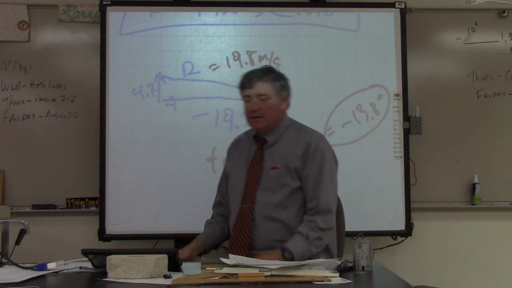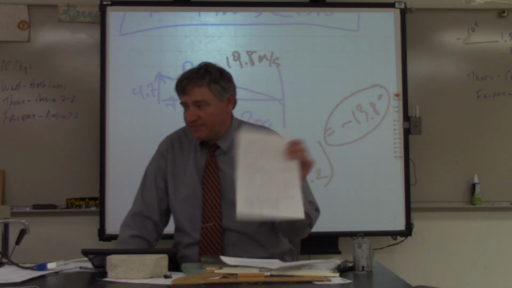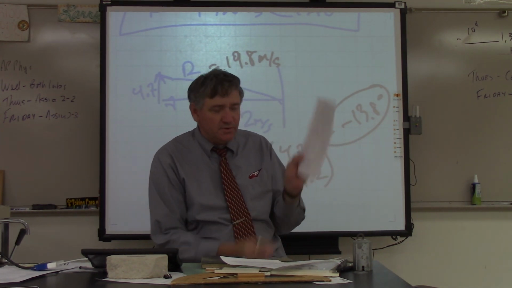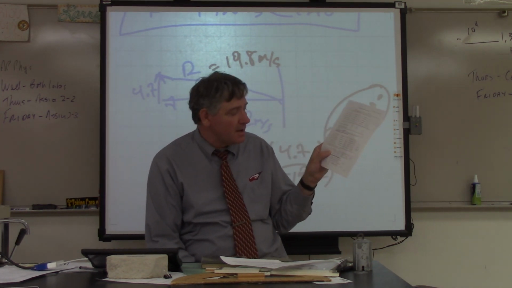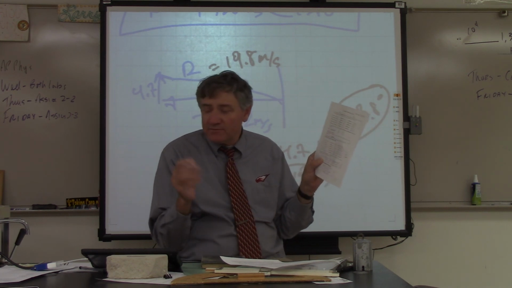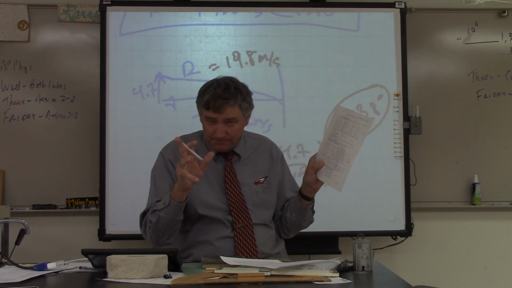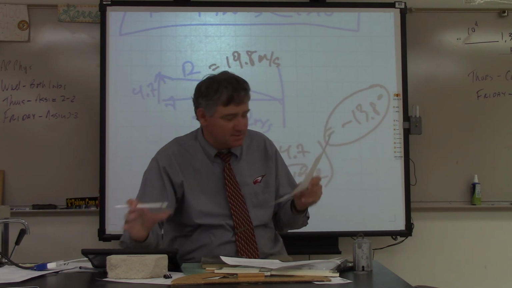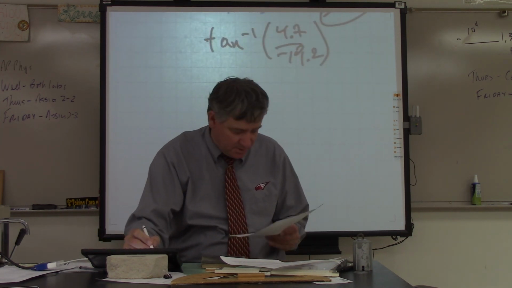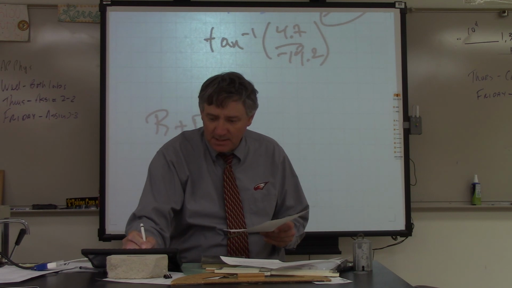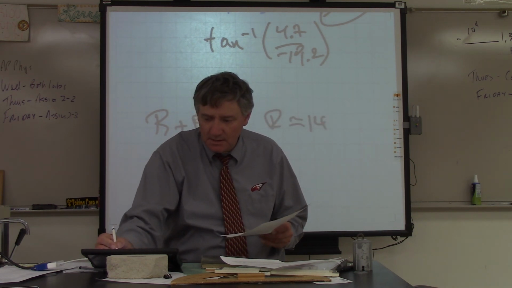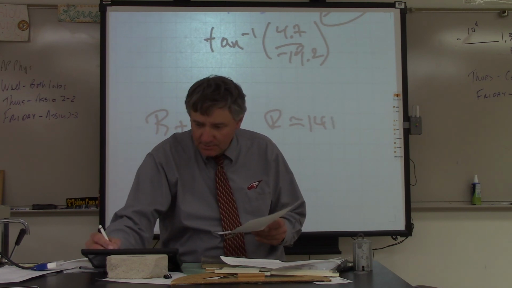All right, so let me give you some hints on some of your answers. When you do b plus e, the magnitude of that resultant should be around 14 newtons, and the angle should be around 100 degrees.